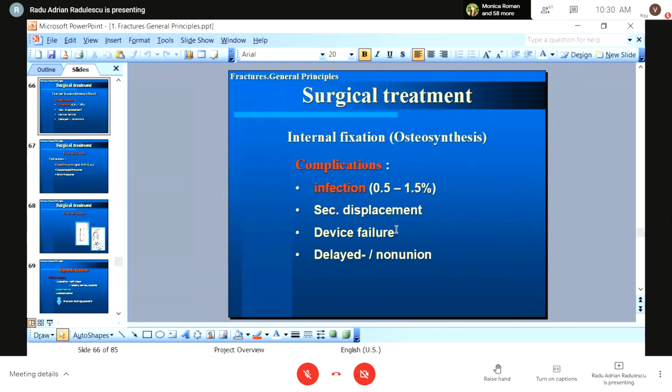We may get fatigue of the material of the implant, and we may get a device failure. And even if the fixation was done by respecting all the principles, we may get a delayed union or a non-union. Of course, in these situations, the patient must be re-operated and the osteosynthesis must be redone.